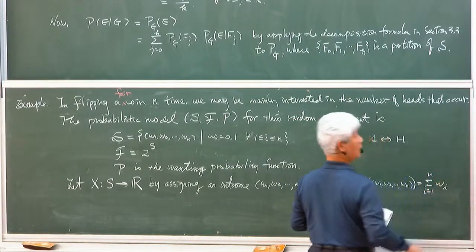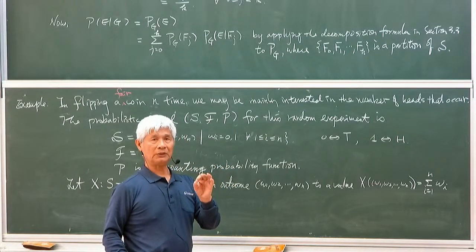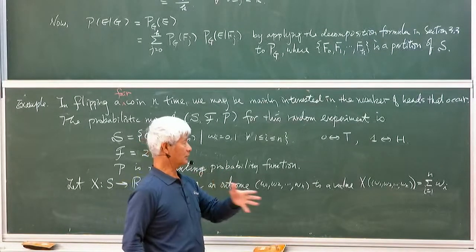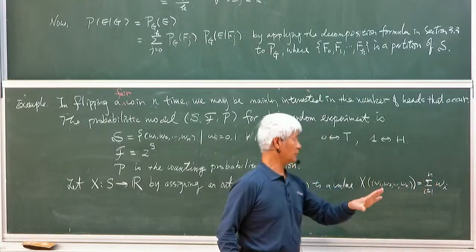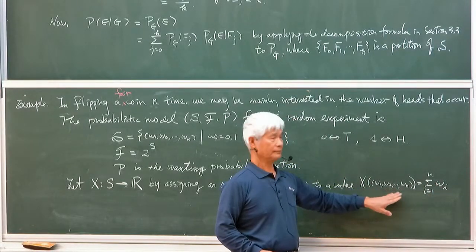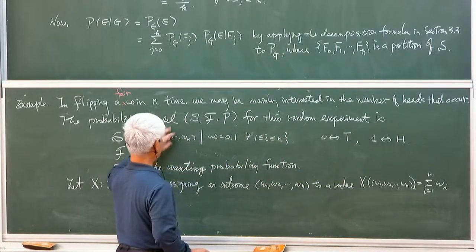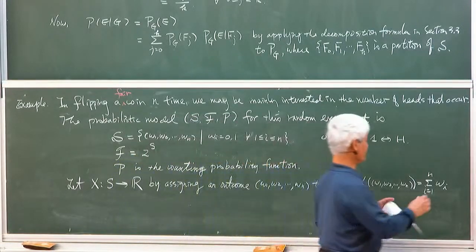And omega I is either 0 or 1. So 1 corresponds to the head. So the sum gives us the number of heads in this outcome. So this representation gives us a numerical value.